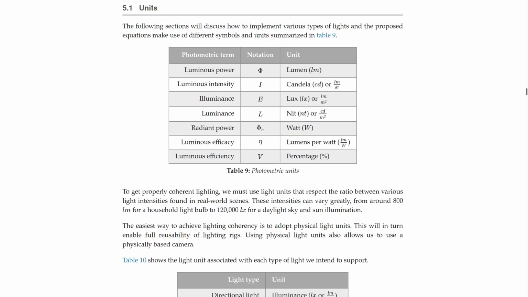Yeah, I'm curious what the definition of candela is. It's per unit solid angle, so that's a steradian, I guess it would be. Okay, so luminance in nits is candelas per meter squared.